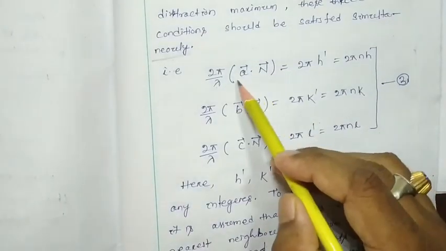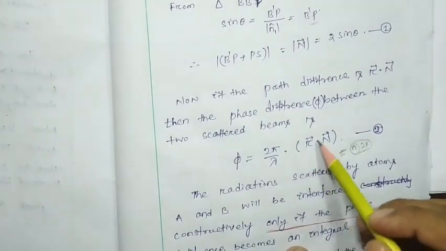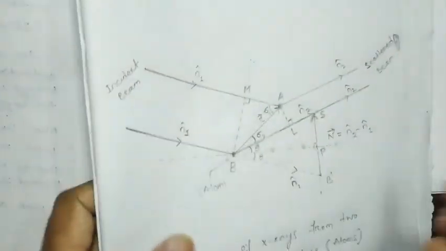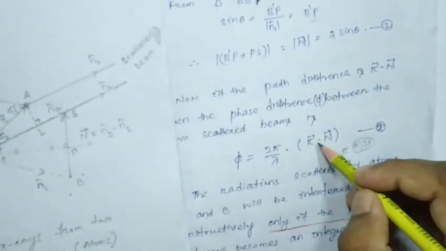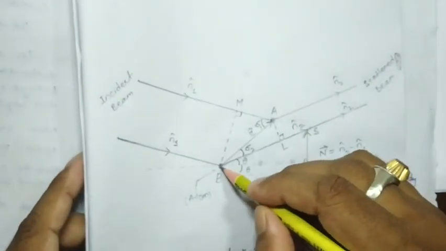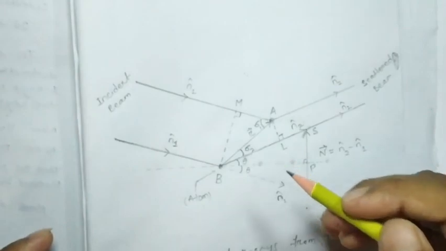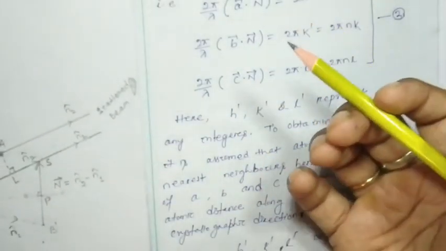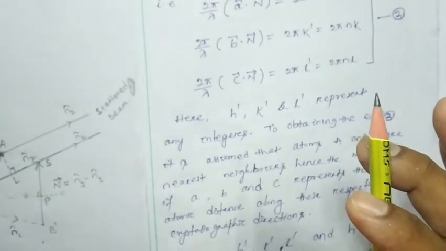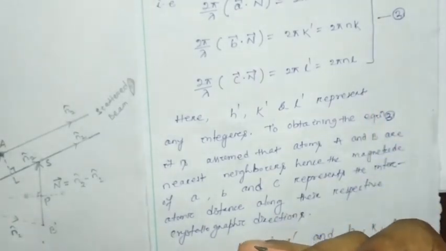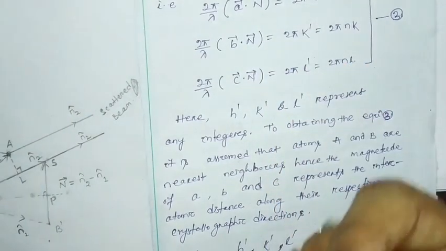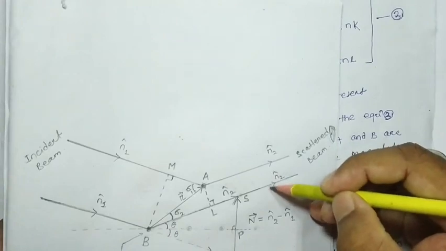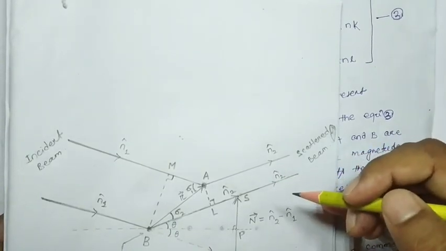Instead of R over here, if R is considered as A, that is the crystallographic axis A, I can write A. From A to B, it is the crystallographic axis B, then I can write B instead of R. Likewise I can write C instead of R. So three equations can be considered to represent or to accept that these two scattered beams are going to interfere constructively.